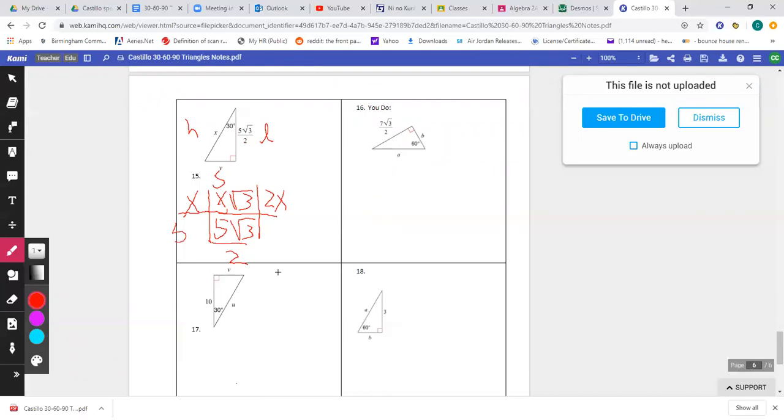My x here would just be 5 halves. Does everyone see that? If you have a root 3, you know that this would just be whatever is not the root 3, which is this 5 over 2. Okay. And then now if I just double that, 5 over 2, and I double that, this would be 10 over 2. And 10 over 2 is equal to 5.